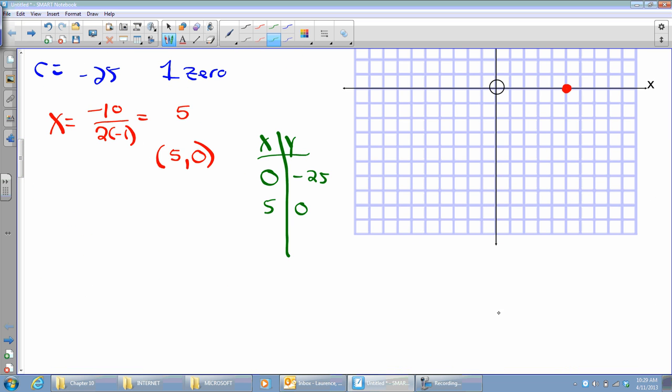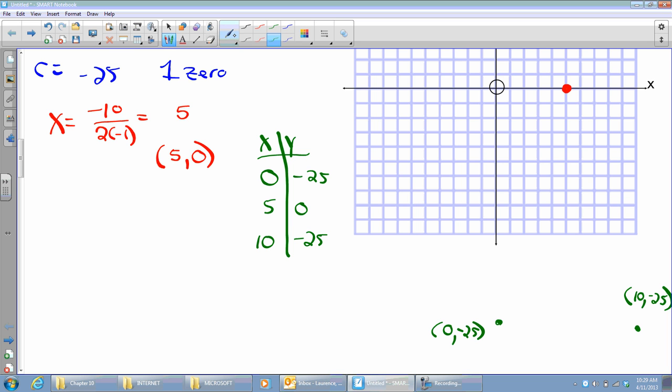And so I'm going to come way down here and go 0, -25. And then I'm going to plug 10 in because it's 5 units away from the x-coordinate of the vertex on the other side, and I better get -25. If you're not sure, you can take the time and plug it in, but because of symmetry, I know that that y-coordinate is going to be the same.